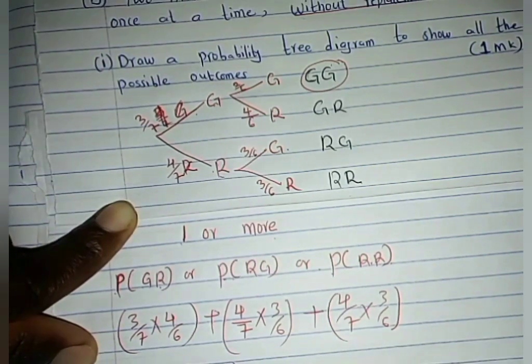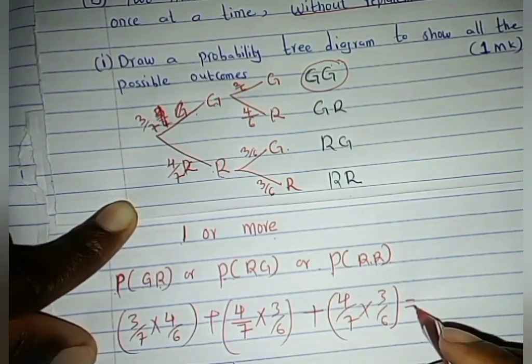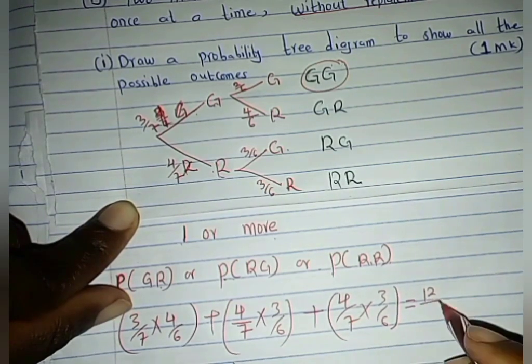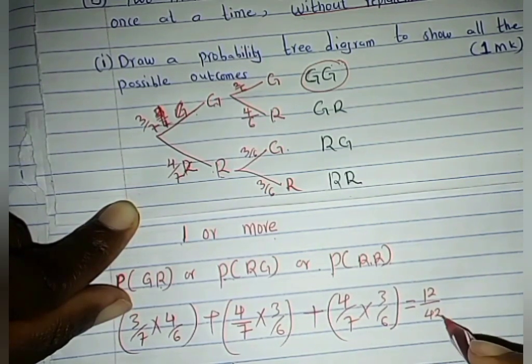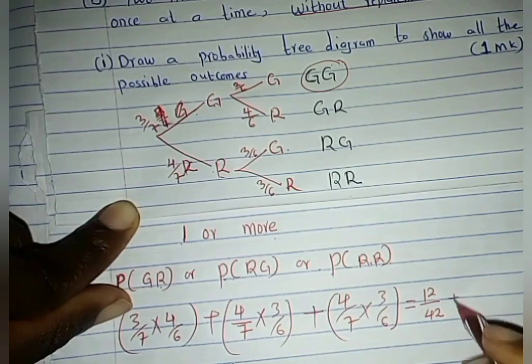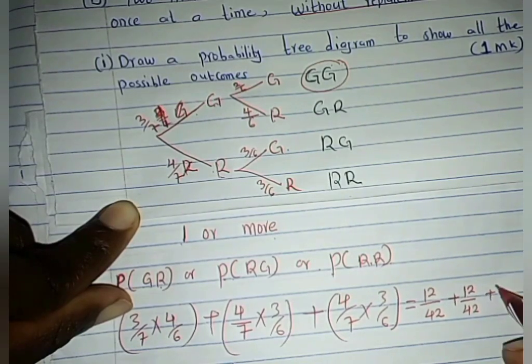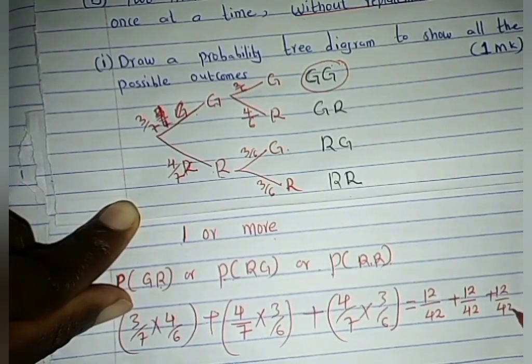Let's start with the first one. When you multiply here, you will get 12 out of 42 plus 12 out of 42 plus 12 out of 42.